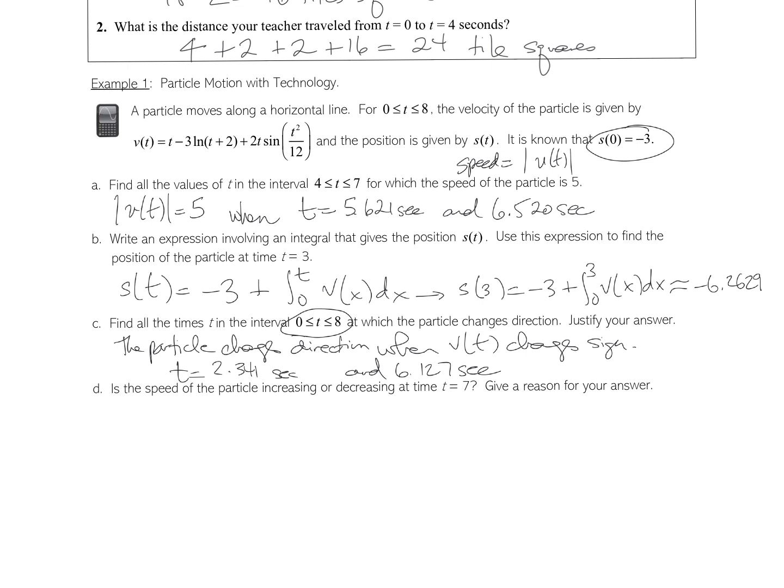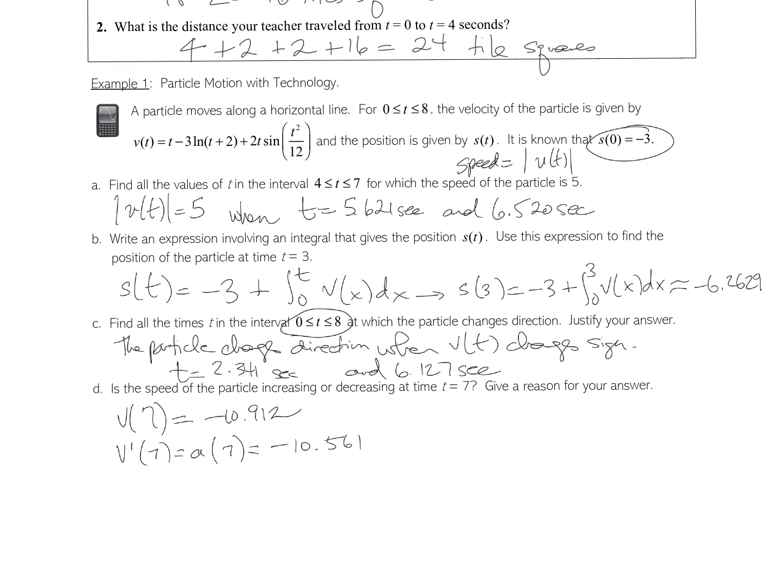So we need to look at v of 7. So v of 7 is negative 10.912. And v prime of 7, which is also equal to the acceleration at 7, is negative 0.561. So they're both negative. So what does that mean?